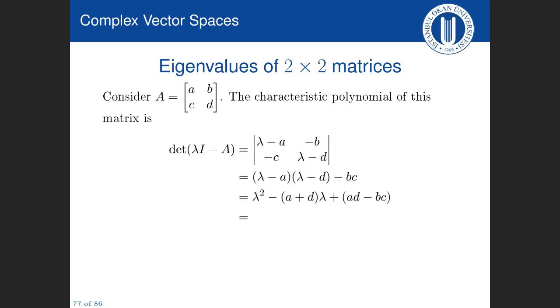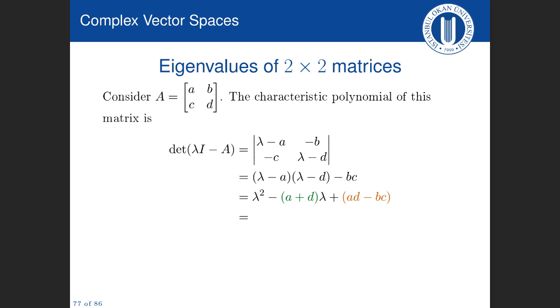Another idea, let's talk about eigenvalues of 2 by 2 matrices. Consider a general 2 by 2 matrix, [a, b; c, d]. The characteristic polynomial of this, that's the determinant of λI − A, is λ² − (a+d)λ + (ad − bc).